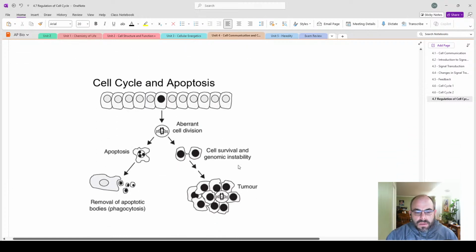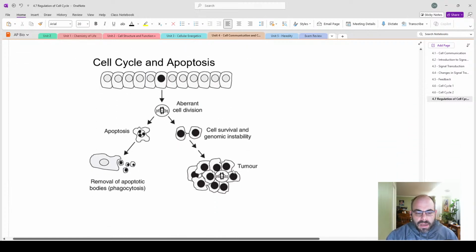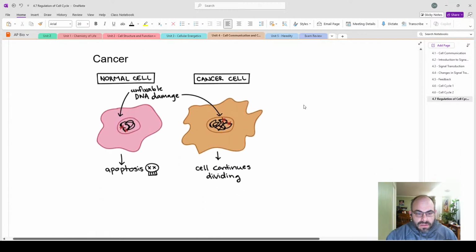The cell has some mechanisms against this, like apoptosis, programmed cell death, where it essentially kills itself off to prevent problems. If a cell is unable to do that because of damage to the DNA, that's what cancer is. Cancer is the cell's inability to control its dividing, or any problems that come from that. And it has to do with mutations in the DNA every time.